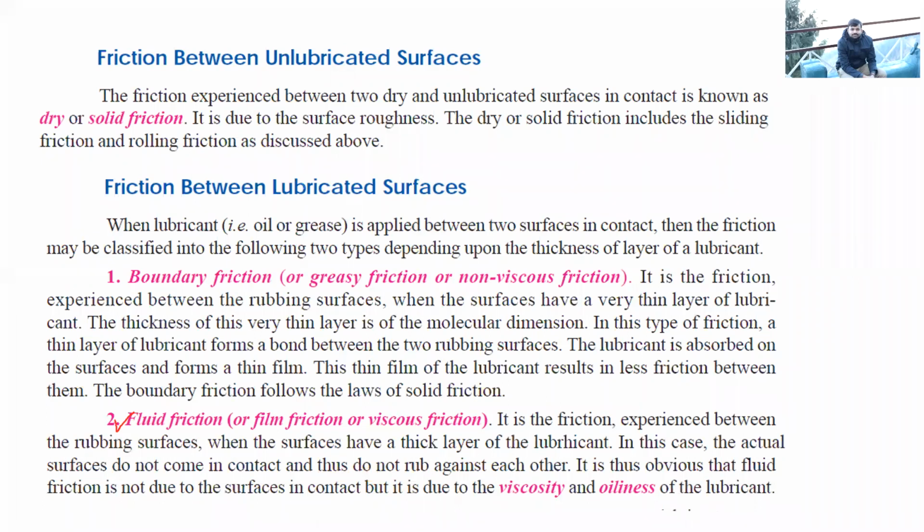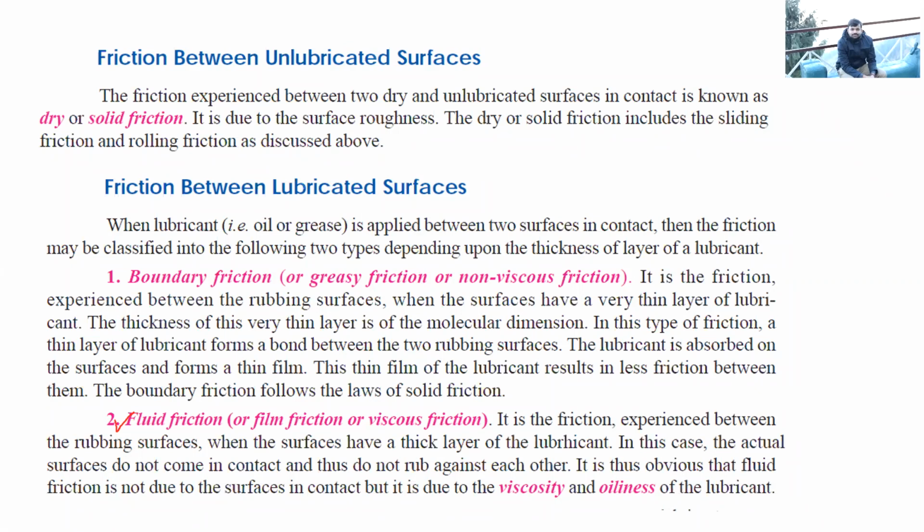The fluid film is so thick that the two rubbing surfaces never come in contact with each other. You can visualize that there is a solid surface, then there is a fluid layer, and then again there is a solid surface. So the two solid surfaces are never in contact with each other.